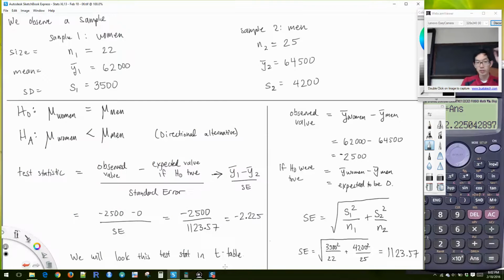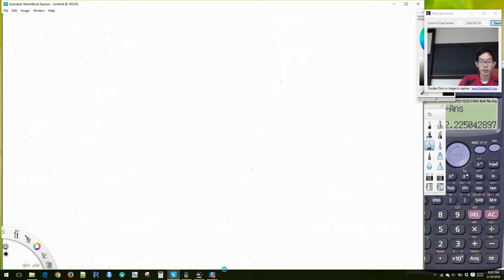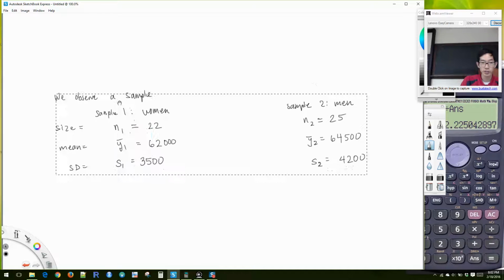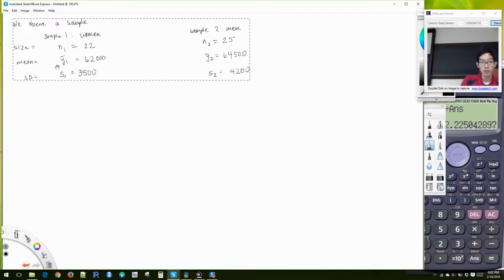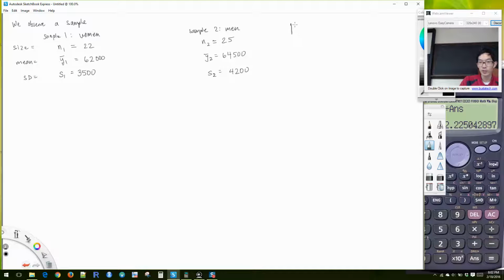Actually, let me go on to the next page here. So I'm just copying stuff I had from before. Our null hypothesis.